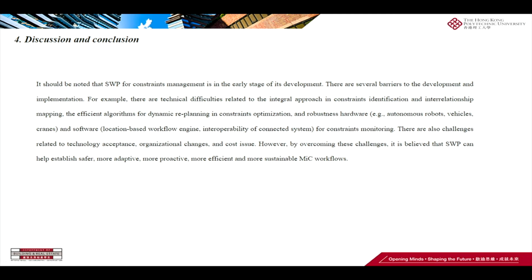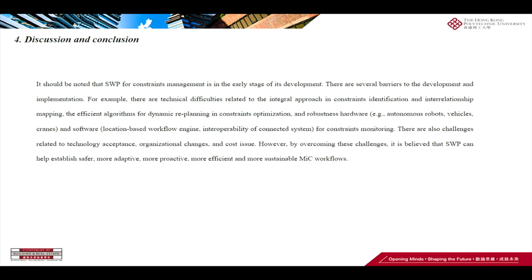And there are also challenges about technology acceptance, organizational changes, and cost issues. This is because the organizations or stakeholders in the supply chain already have their own systems. So they may be reluctant to adopt new systems, the new smart work packages. So they need to consider the technology and cost issues.